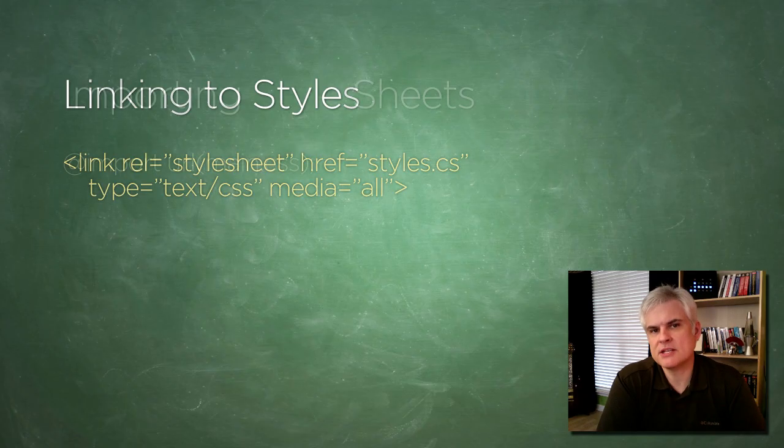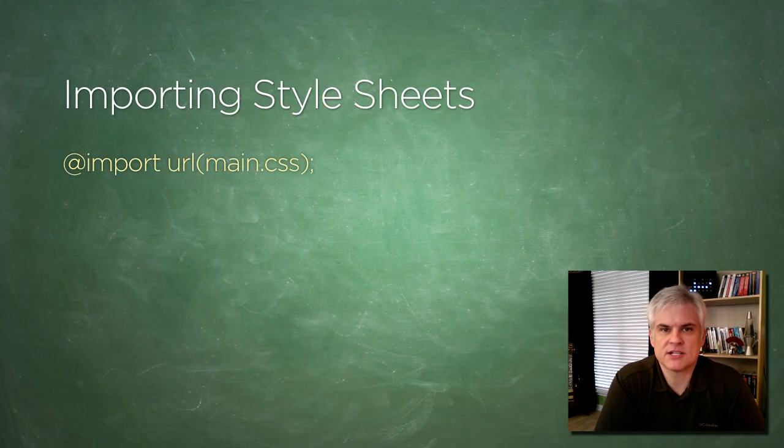So the link is one way that we can reference an external CSS document. Another way to do it is to use an import statement inside of a CSS file itself. So we could use this inside of any CSS file at the very top, the @import, and then a URL inside of those open and close parentheses. And why would you ever want to use this?